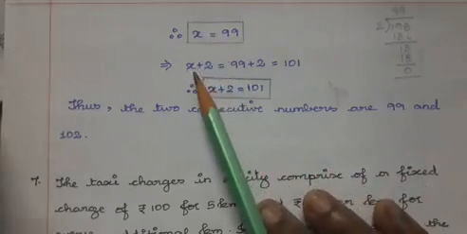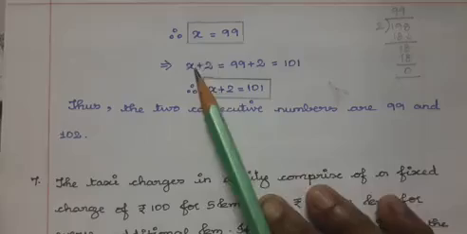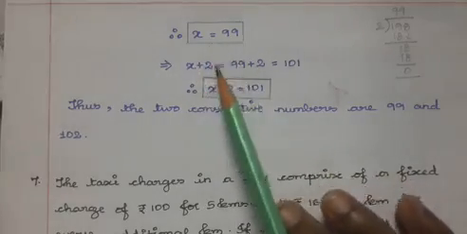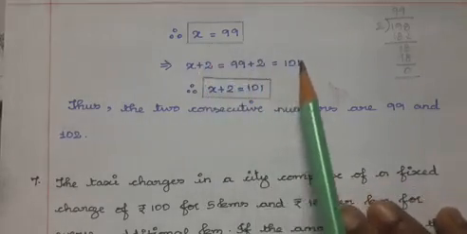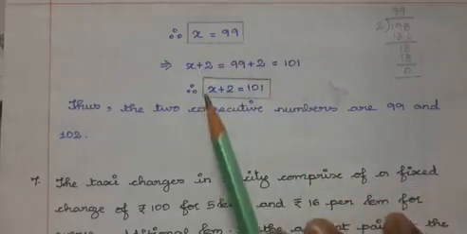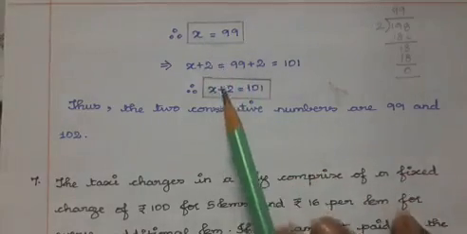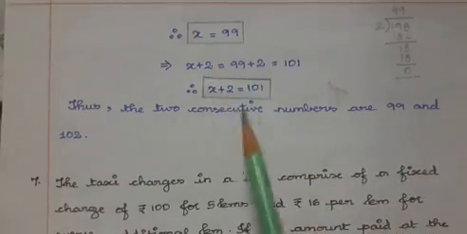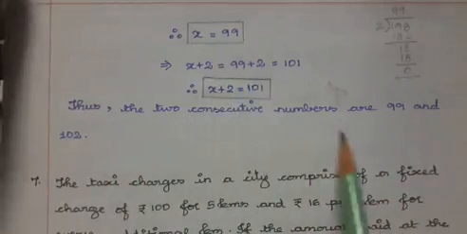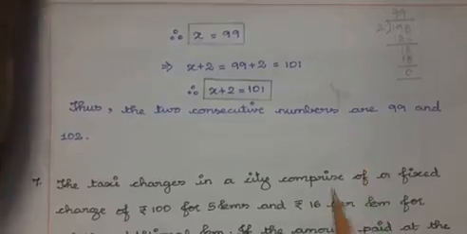Next, what is the second consecutive number? We took the second consecutive number as x plus 2. Therefore, we found the value for x. X is 99 plus 2. 99 plus 2 will give you 101. Therefore, x plus 2 is 101. So, we got what is x and x plus 2. These two are the two consecutive numbers. Thus, the two consecutive numbers are 99 and 102.